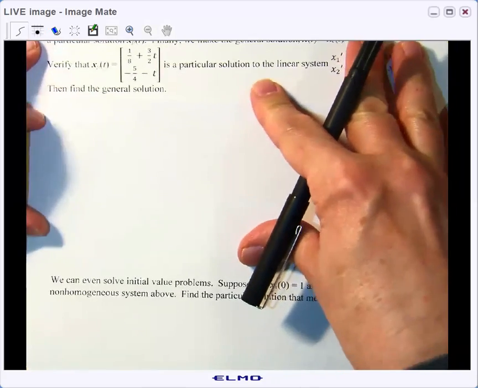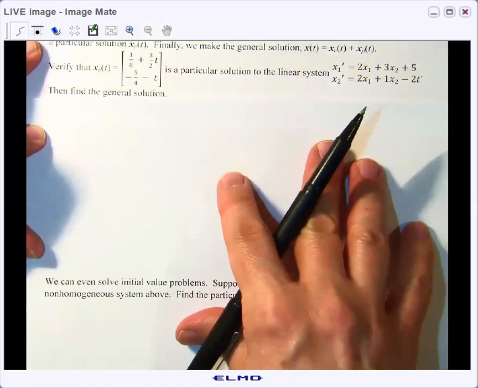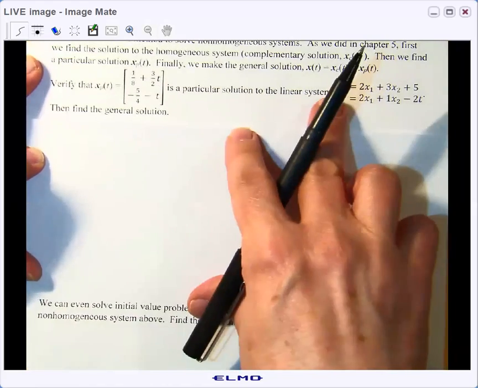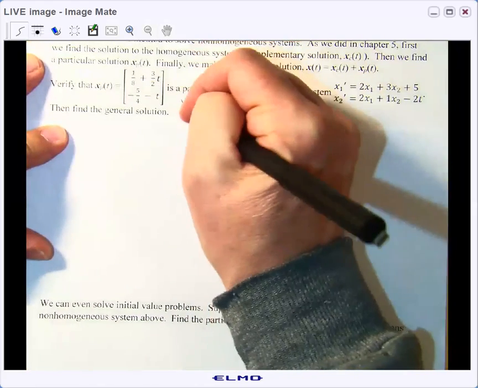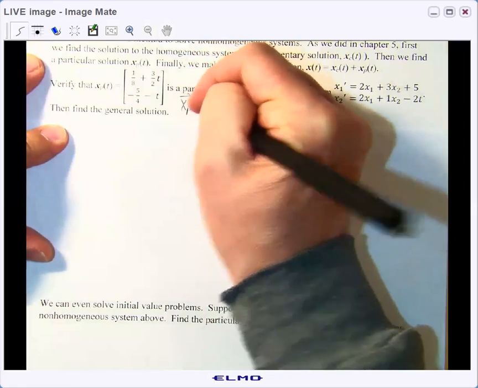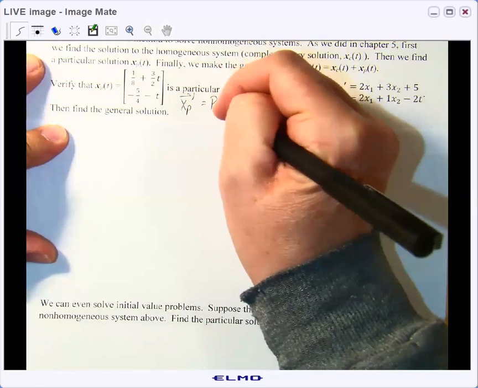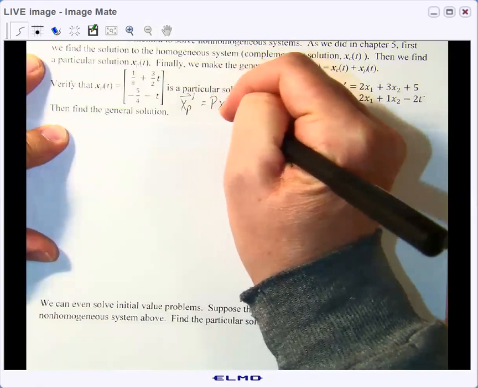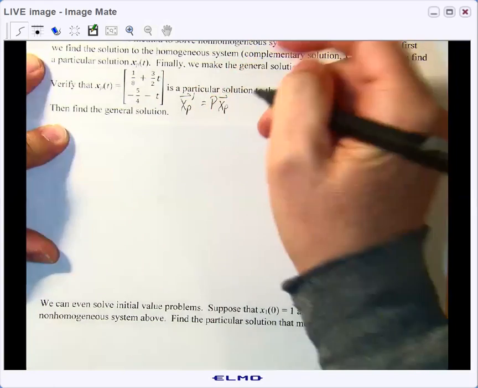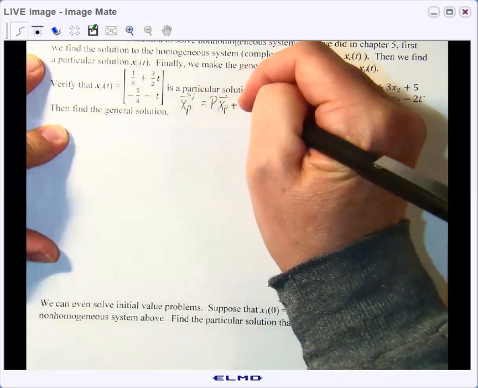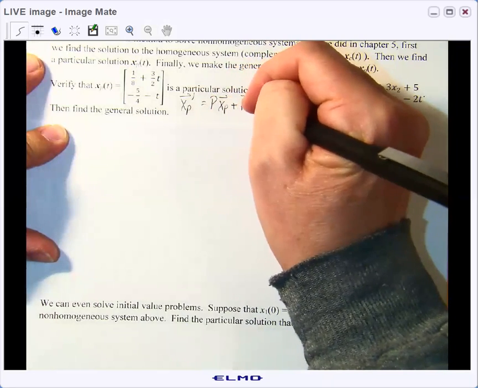Okay. So to show that this satisfies our differential equation, I need to show that x p vector prime is equal to our matrix times x p vector plus our f vector, the non-homogeneous pieces.